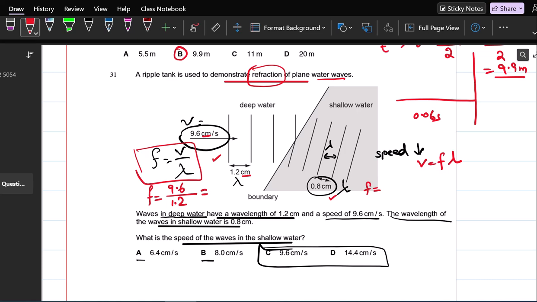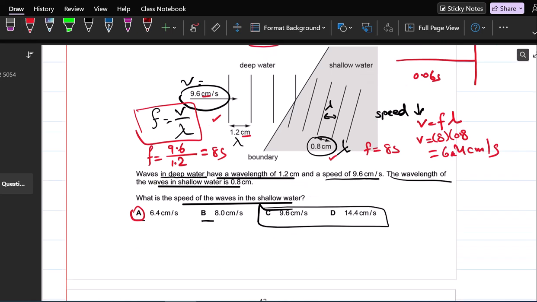So 9.6 divided by 1.2 is 8 per second. So frequency is 8 hertz. So v is equal to 8 times 0.8. So you will get 6.4 centimeter per second. So A is the right option here. We are done with this question 31.